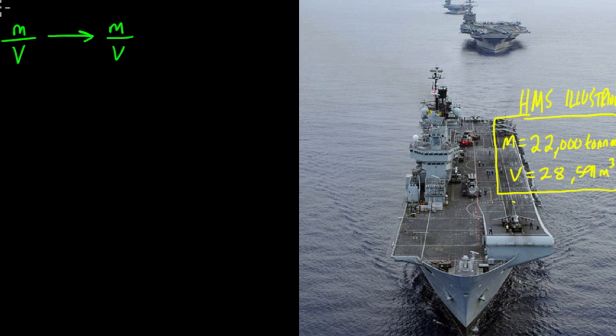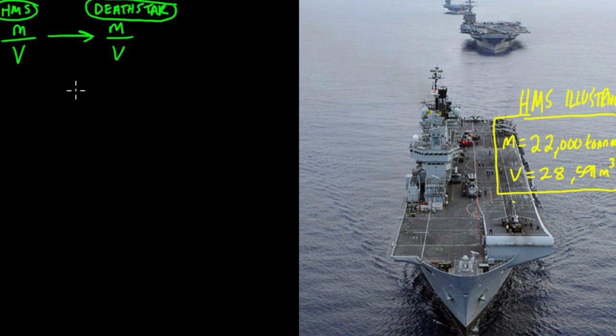So we're going from the HMS all the way up to the Death Star. And this is just a matter now of solving a proportion, right? Because we know the mass and volume of the HMS Illustrious, and we just found out the volume of the Death Star. All we're doing now is finding the mass of the Death Star.